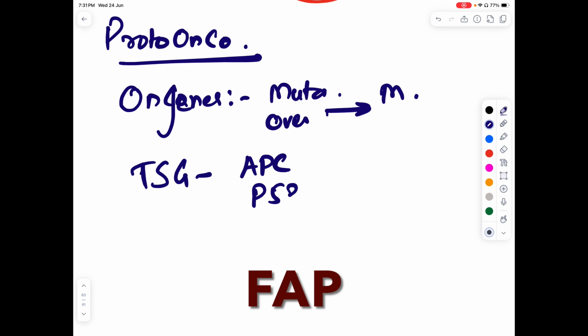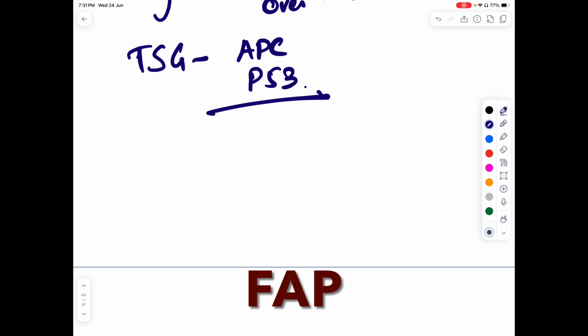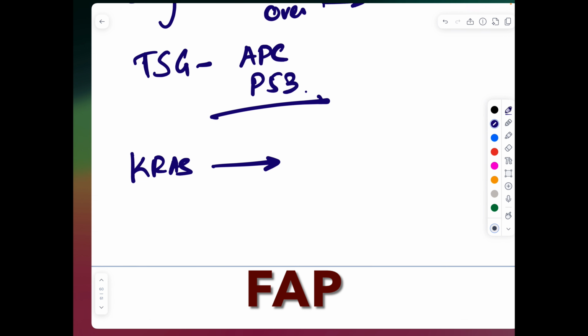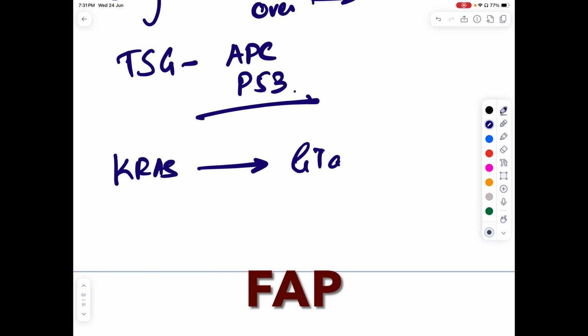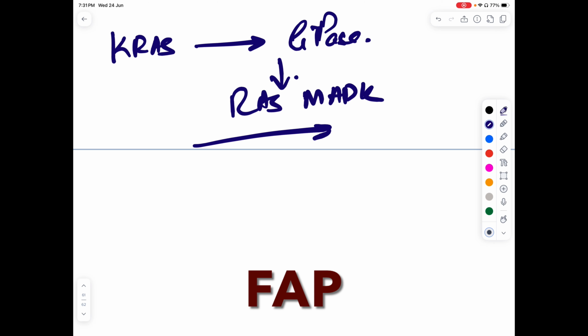They suppress; they are the gatekeepers. Now KRAS, what does KRAS do? It induces mutation. KRAS is the gene producing a GTPase protein that leads to the RAS MAPK pathway that signals from outside the cell to proliferate and differentiate.